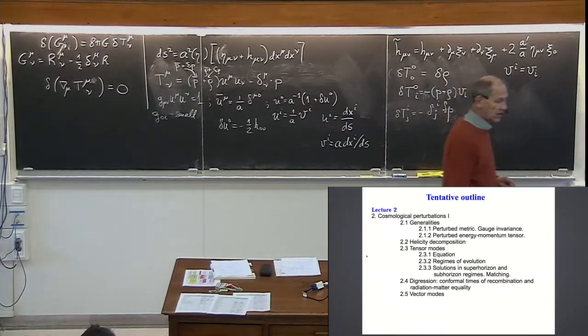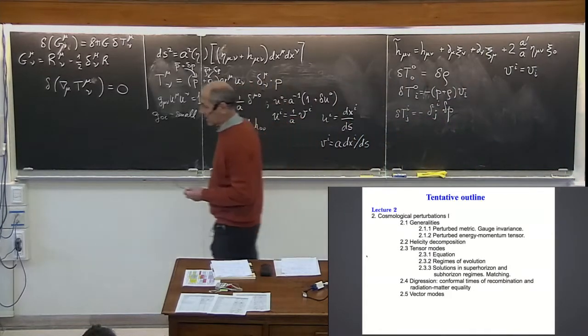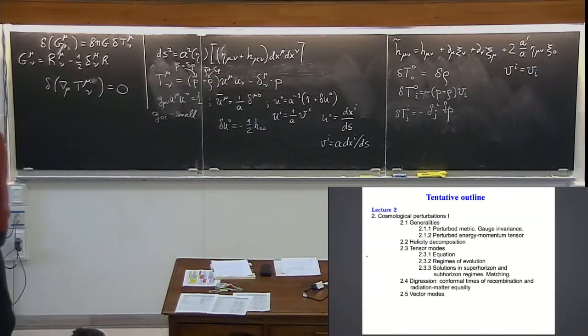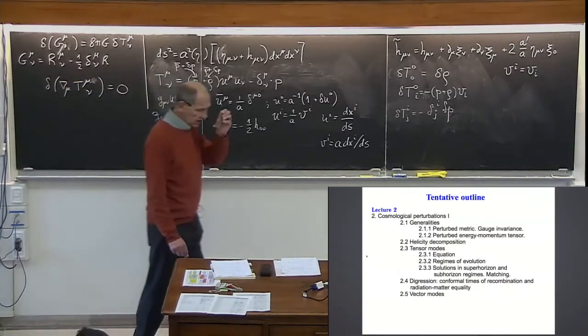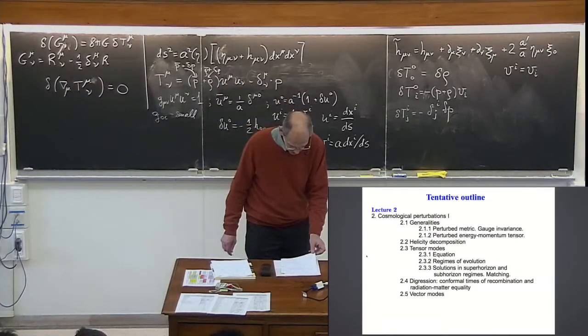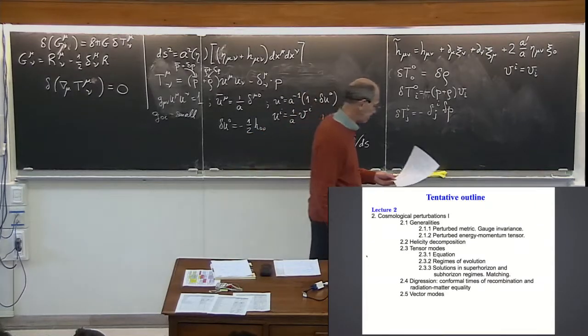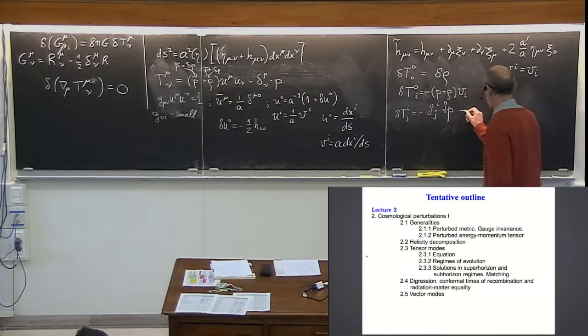If you don't want to consider ideal fluids, and you have to, because in reality the fluid in the universe is not quite ideal, especially if you consider small scales, then there is also another term which is called anisotropic stress, minus Pi_ij.